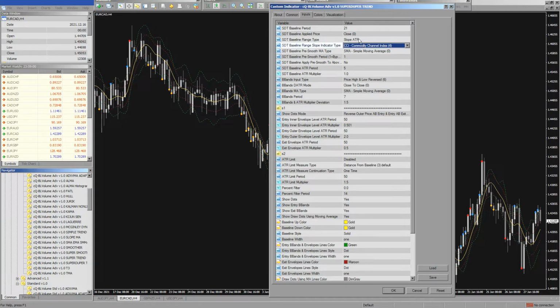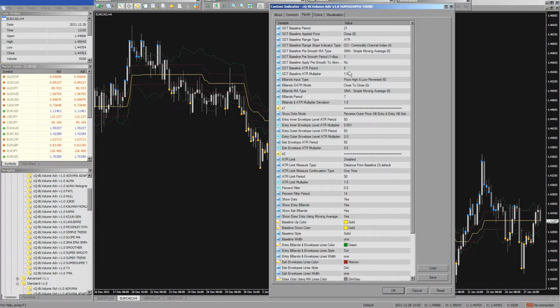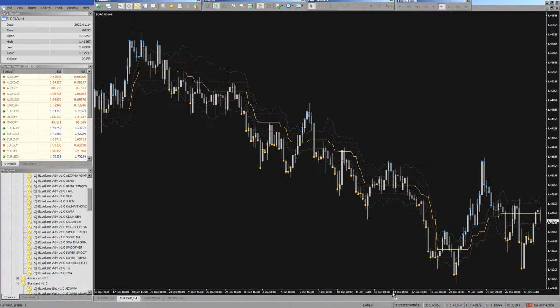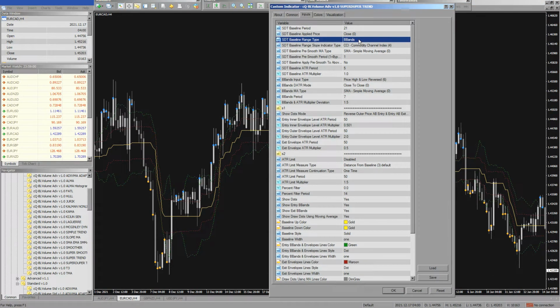And then it can either apply the ATR setting or it can apply the B-bands. And you can change this to B-bands, get a slightly different result, on some of them it does change it even quite a bit more.